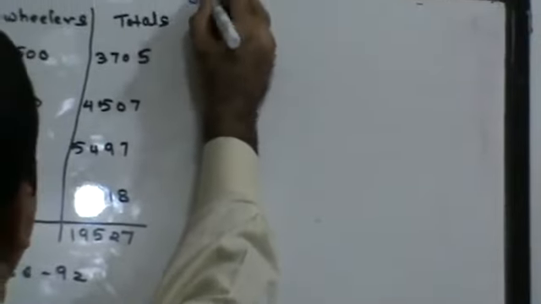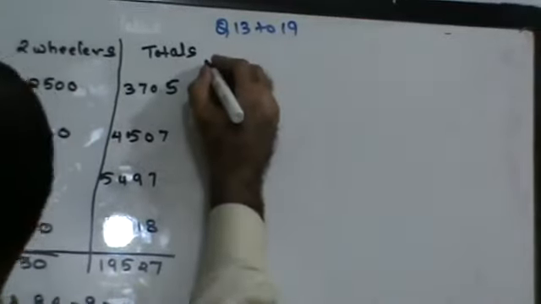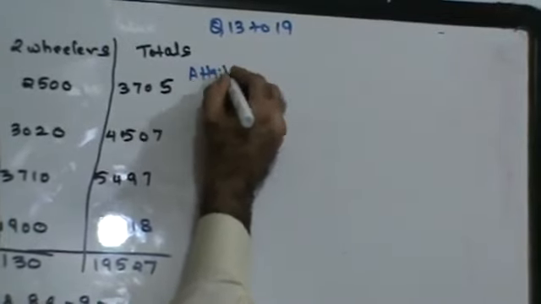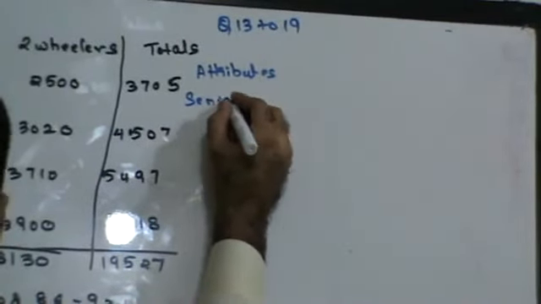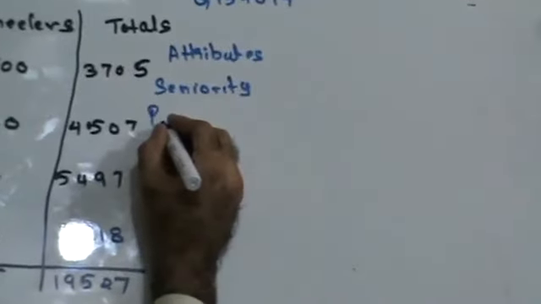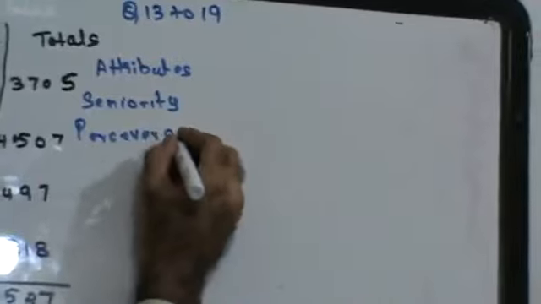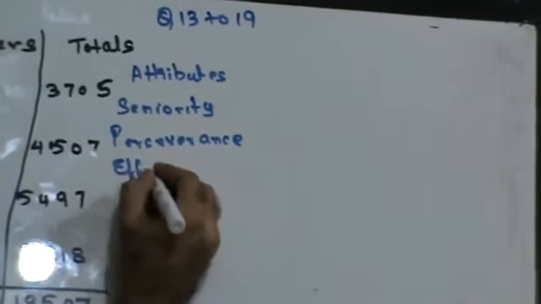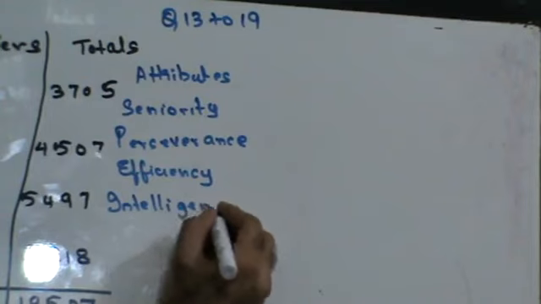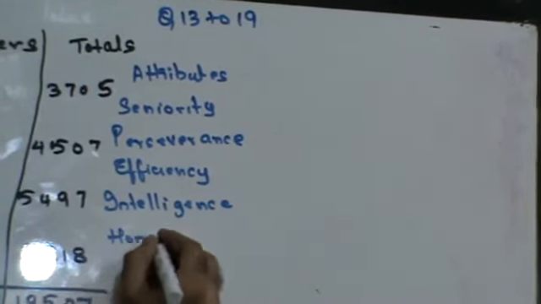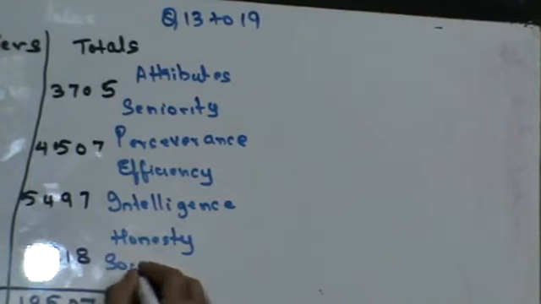Next, let's see questions number 13 to 19. Now here they've given you various attributes: seniority, perseverance, efficiency, intelligence, honesty, and sociability.